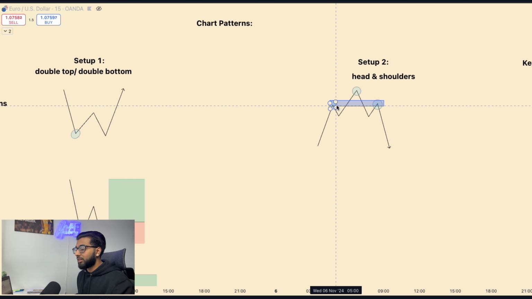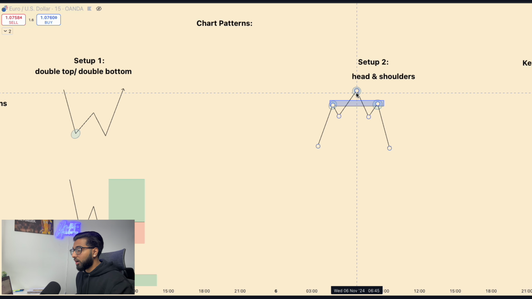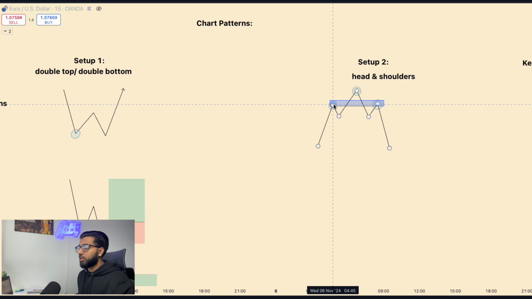If I was an SMC trader or ICT trader, the way they would explain it is: price is going down, this is the early sellers. Then price goes up, inducing the early buyers, or sorry, early sellers in this case.